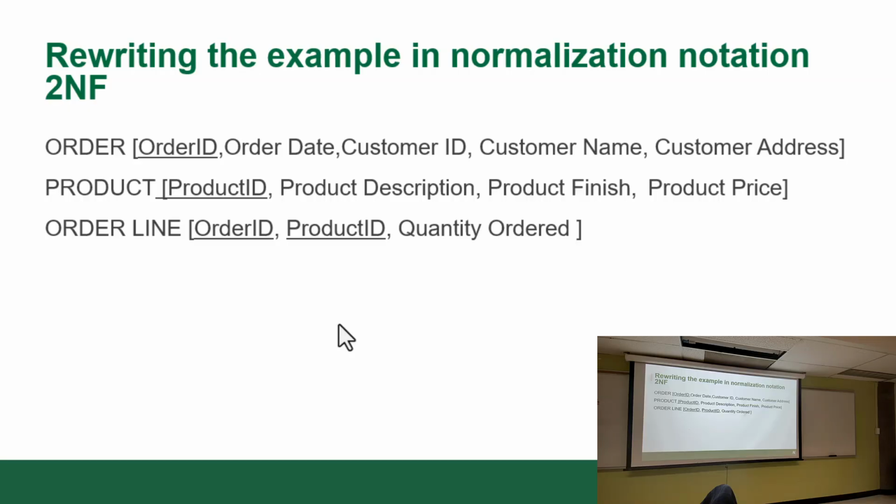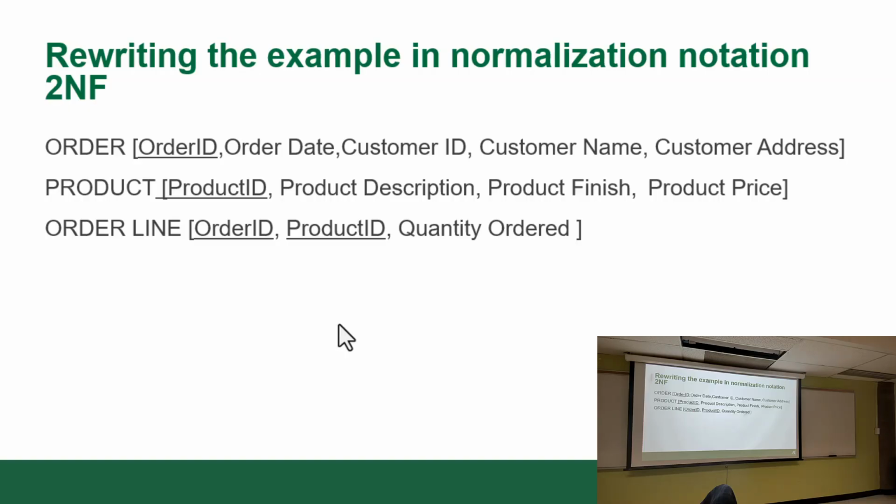We took that big long entity we had and decomposed it into three smaller pieces. We have order, which is the ID, the date, and the customer information; the product, which is the product ID, description, finish, and price; and then the order line, which is the product ID, the order ID, and how many were ordered.